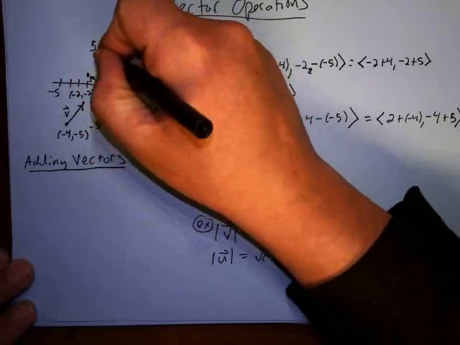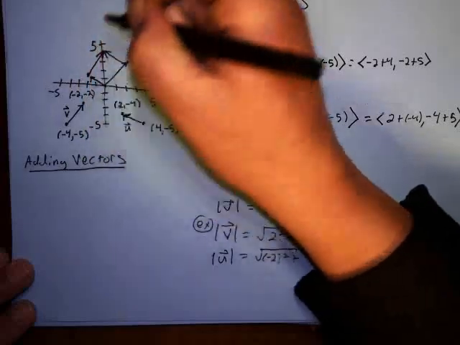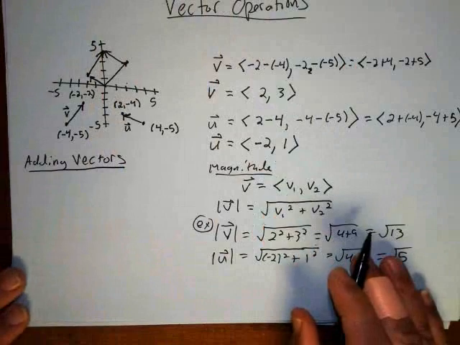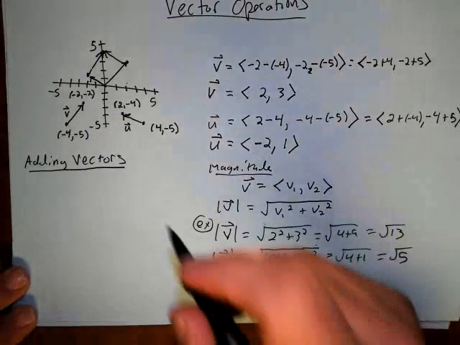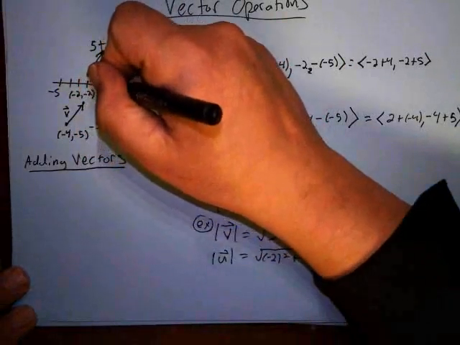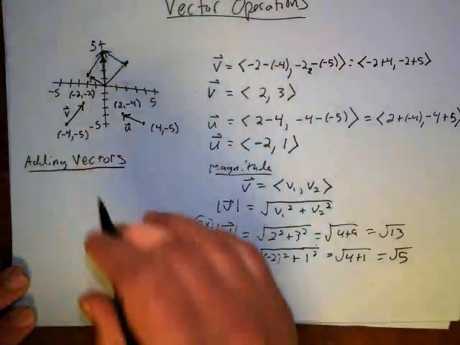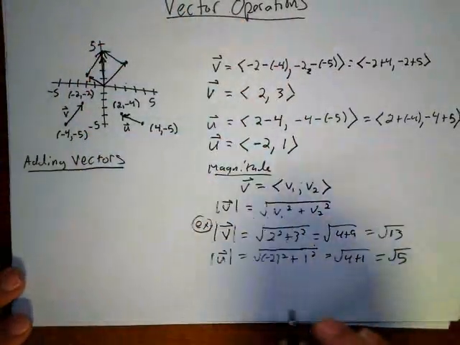This would lead to the same thing. The resultant vector, the sum of those two vectors, would be this vector right here, which is actually right on the axis. I didn't mean for it to be like that.